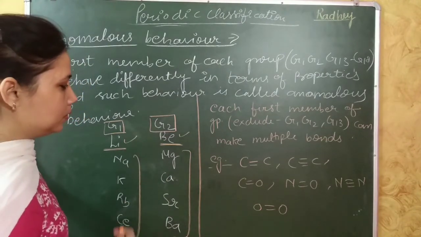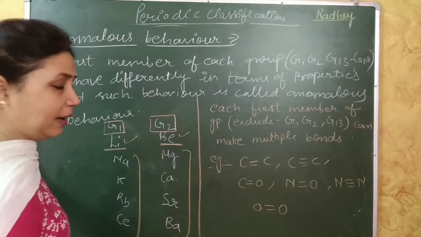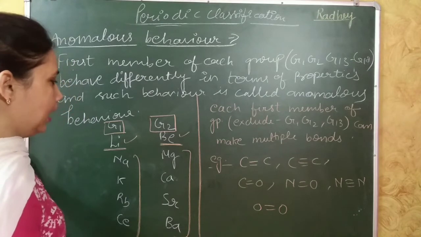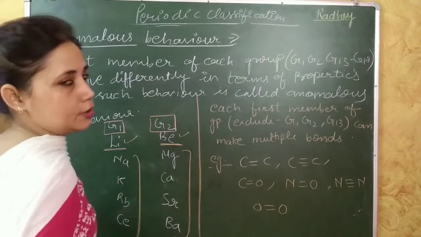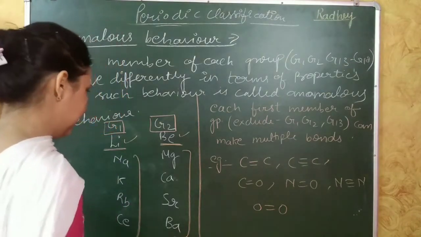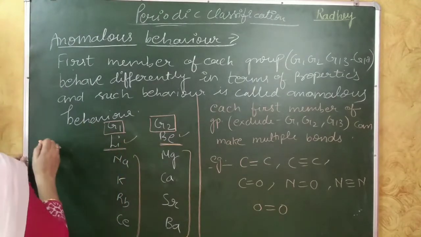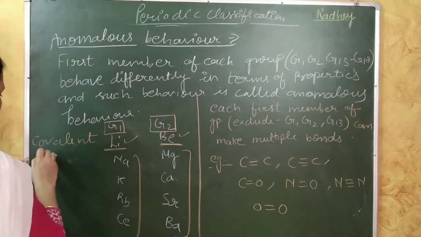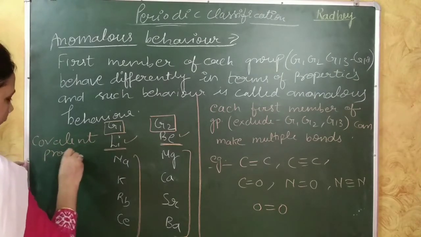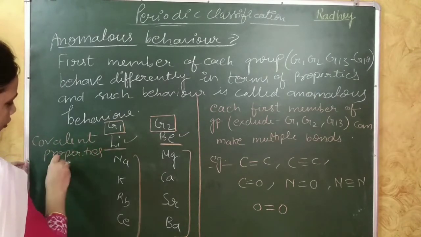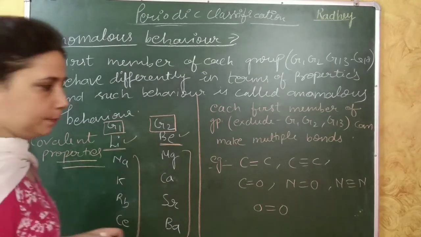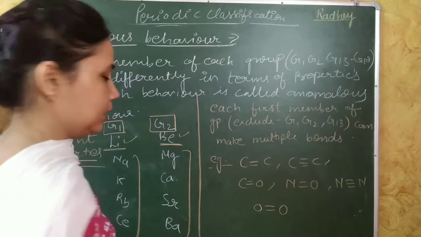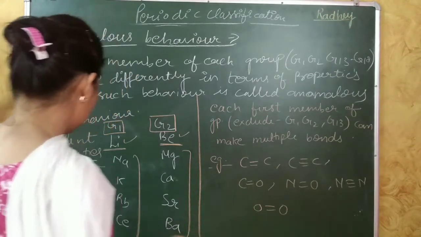They will lose electrons and make ions and also ionic bonds with other elements, but these two will show covalent properties. So beryllium and lithium will show covalent property. Okay, and why are they showing such property?